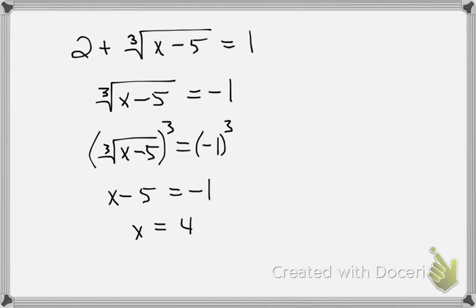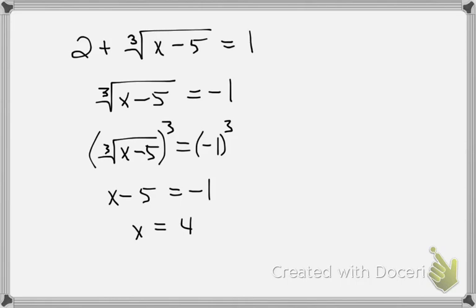Now I'll let you in on a little secret here. Remember, when we defined square roots, the even ones were the bad ones. The odd ones were fine, right? So you do not have to check odds when you have a cube root, for example. Because what is a positive cubed? Positive. What is a negative cubed?